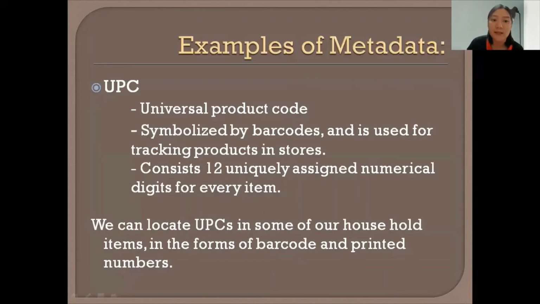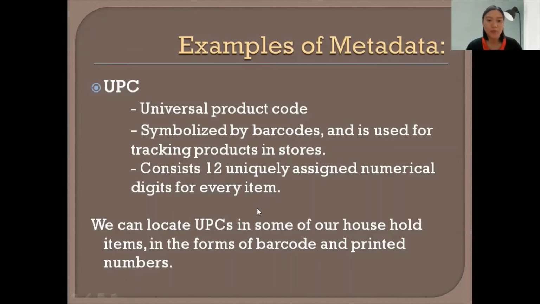And now, another example of metadata is UPC, which means Universal Product Code. It is symbolized by barcodes and is used for tracking products in stores. Just like metadata, it also consists of uniquely assigned numerical digits for each item, and that consists of 12 digits.